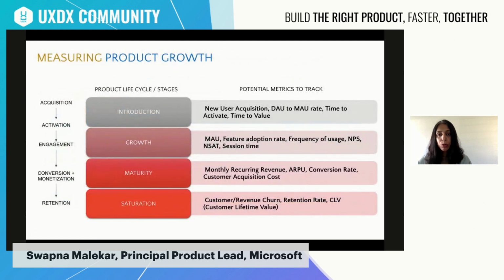Before we jump into product-led growth, which is where my experience lies, let's talk about how we measure product growth, right? Now, I think this is a new way of envisioning the kinds of metrics, or the ways you can measure or track the growth of your product through different stages of the product life cycle, which can be the introduction phase when you're introducing a product in the market, the growth phase, the maturity phase, and then the saturation phase, right?